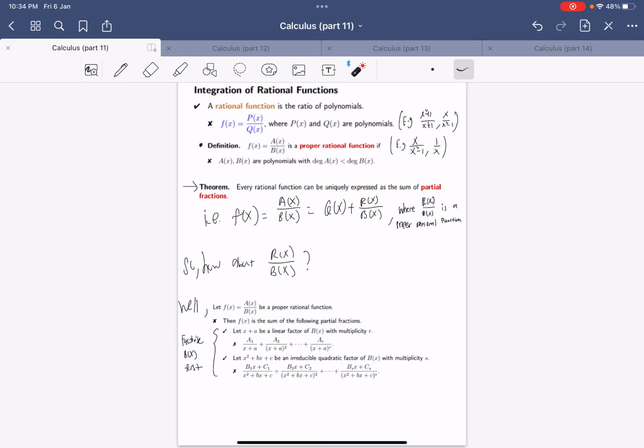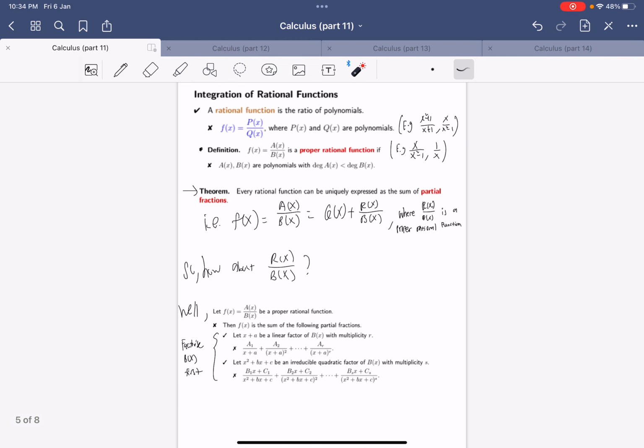Well, another theorem is that if it's a proper rational function, and let's say x plus a is a linear factor of the denominator with multiplicity r, meaning the denominator is x plus a to the power of r times some other quotient, then it can be factorized out into r terms.